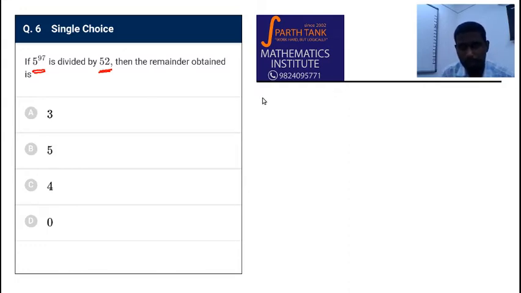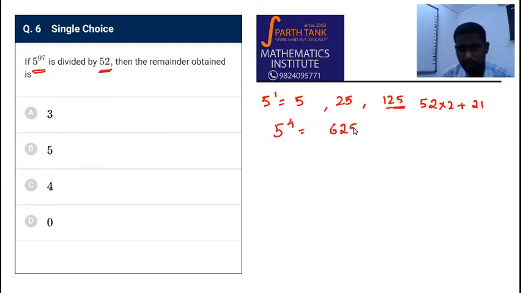Okay. Now 5 to the power 1 is 5, so no point. 5 square is 25. 5 cube is 125. 125 can be written as 52 into 2 plus 21. Now, not much use, but 5 to the power 4, which is 625, is interestingly 52 into 12 plus 1.